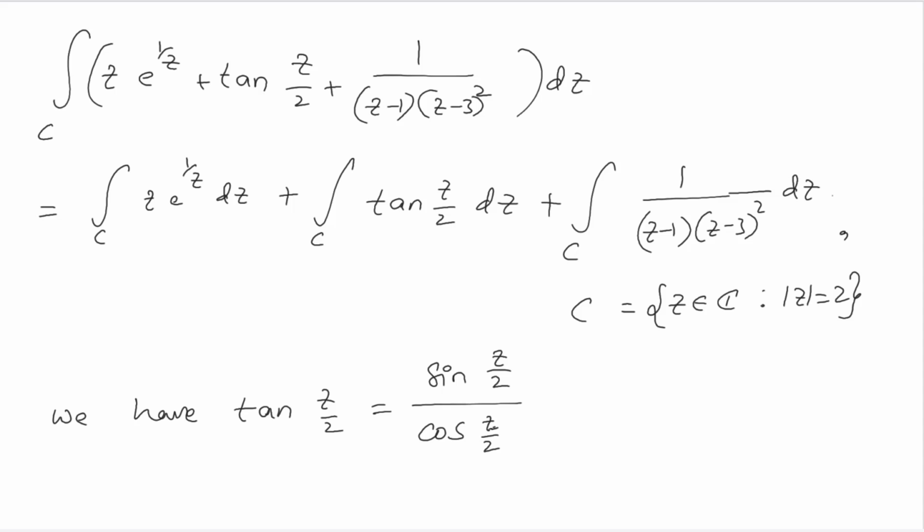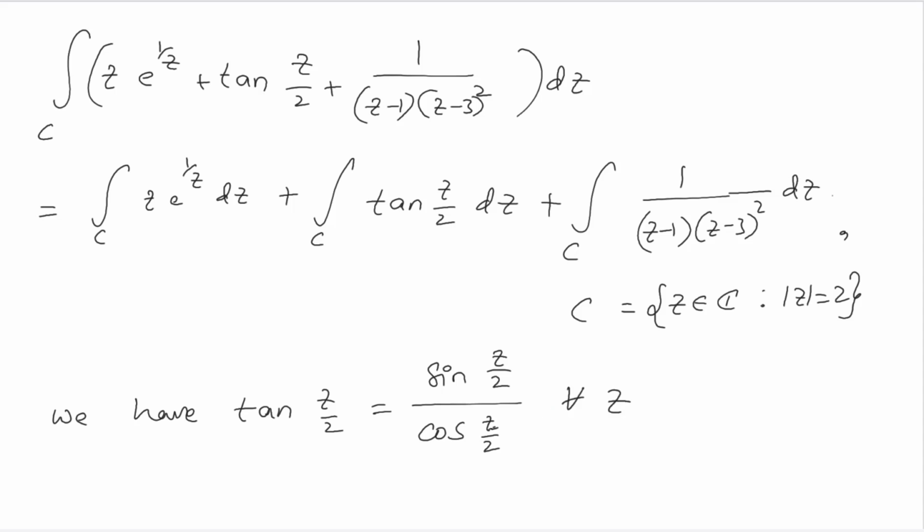By this division, we can see the only singularities of tan z divided by 2 are the zeros of cos z divided by 2, since sin z divided by 2 is entire and does not have any singularities. Since cos z divided by 2 has some zeros, those are the only singularities for tan z divided by 2.